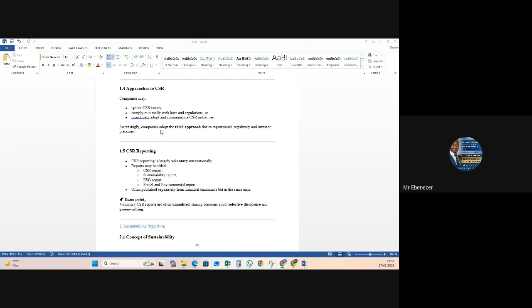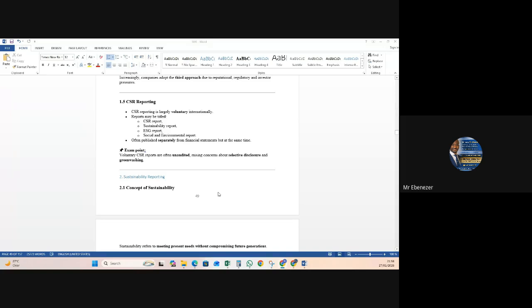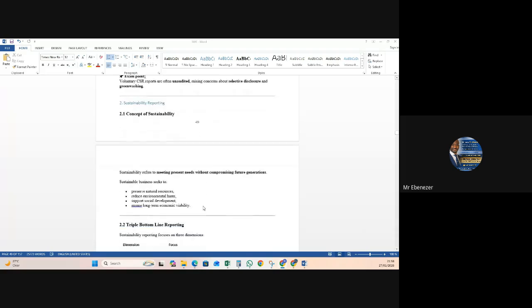Now, we now have sustainability reporting, of course, which we can also call CSR reporting as sustainability reporting. Right? Now, anyone, what do you understand by sustainability? What is sustainability? Anyone? It is the ability to survive in the environment the entity operates. I won't take that.